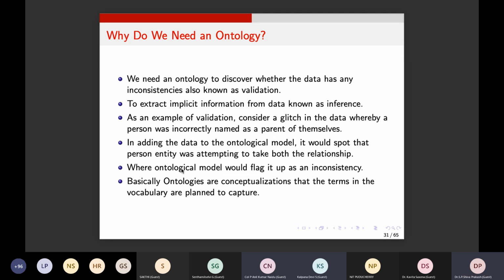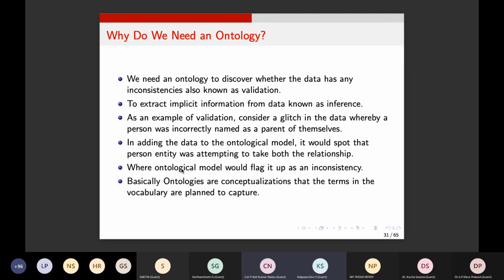So in adding the data to the ontological model, we would spot that a person entity was attempting to take both the relationships. Okay, so see, as discussed in my previous session, we started trying to understand the relationship. For example, a device D1 with D2 can have only one relationship at a time.